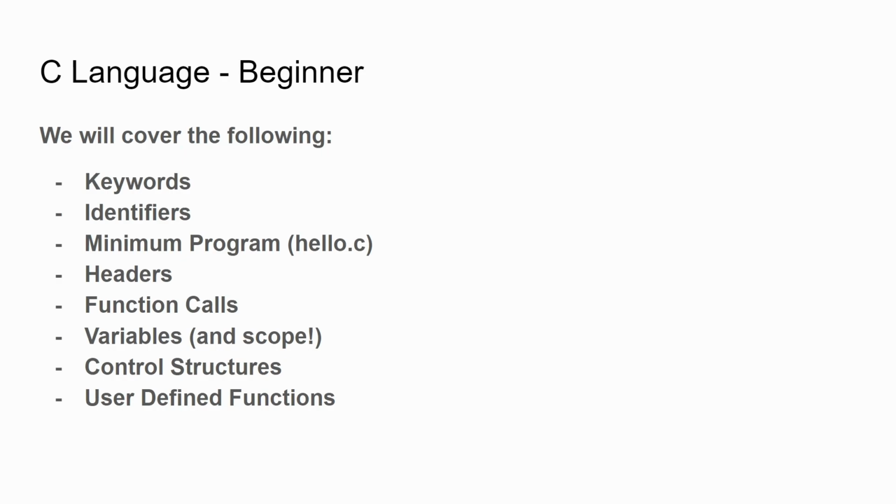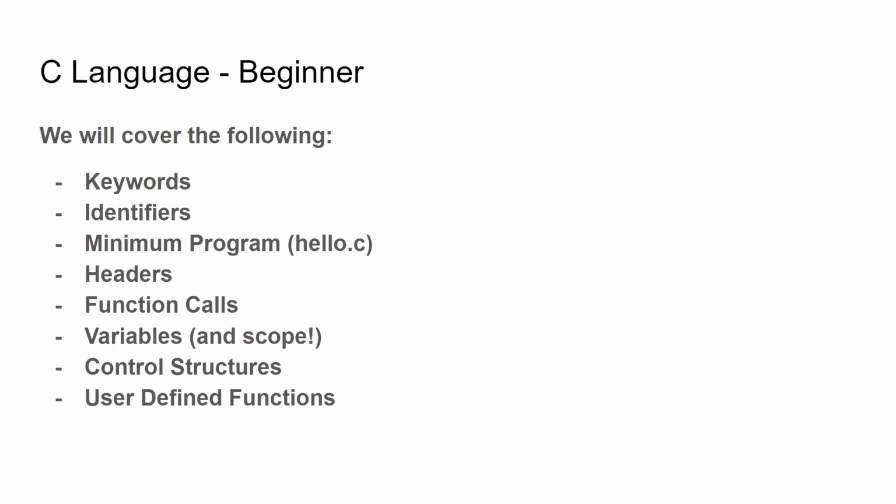So the order of the topics we're going to cover here, we're going to talk about the language keywords, which is going to tell us what we can't use for identifiers. Then we're going to take a look at Hello World. I know if you're a programmer, we don't want to see Hello World anymore. I'm sick of seeing it too, but it's something we got to do. Then the headers, so we're going to take a look at the standard library and its headers and talk a little bit about what that means.